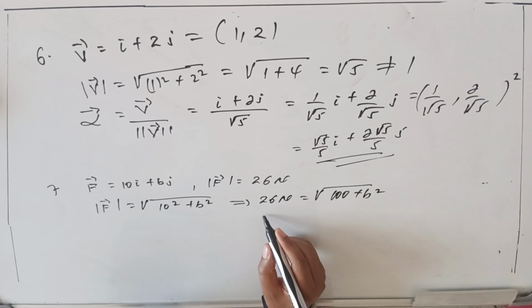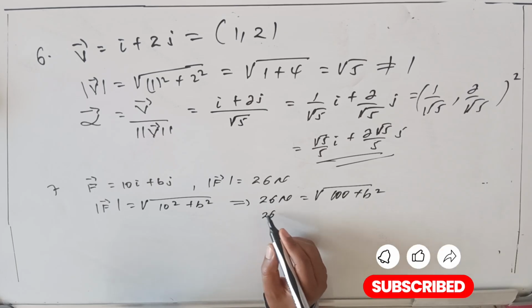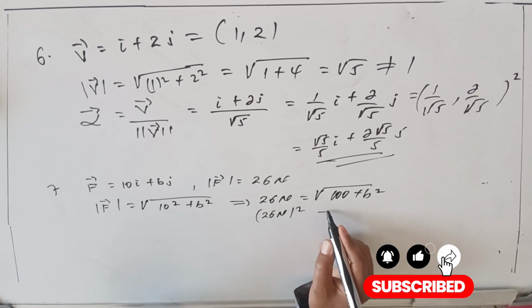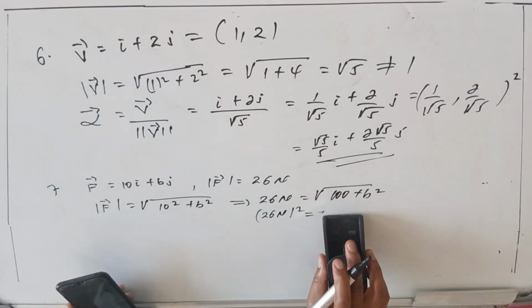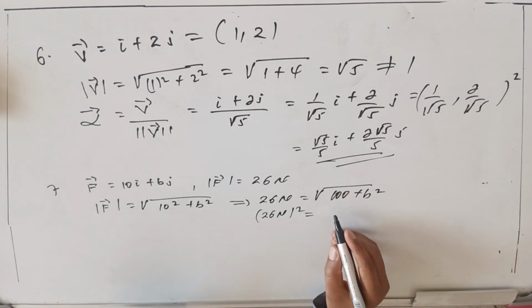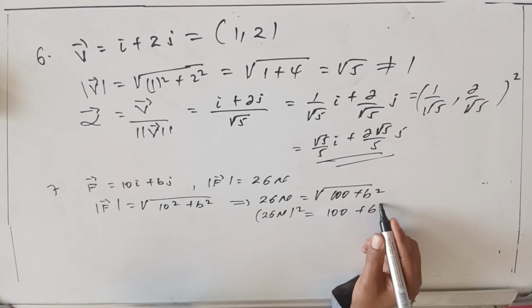So squaring both sides, 26 Newton the whole square is equal to 100 plus b square.